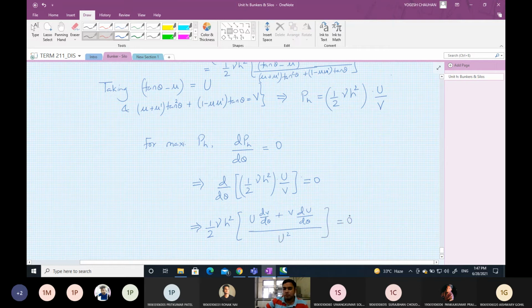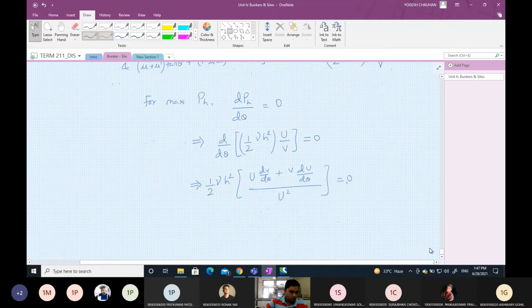equal to 0. So substituting this, you will have u dv/dθ. This term goes on the right, it will be 0.